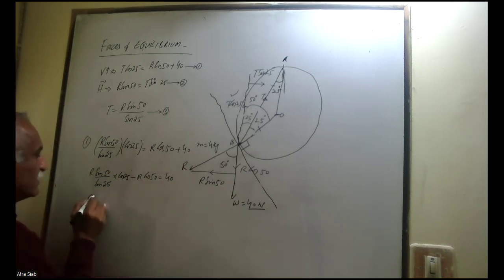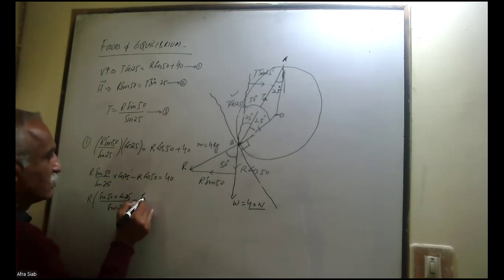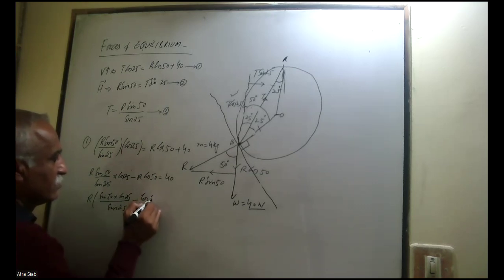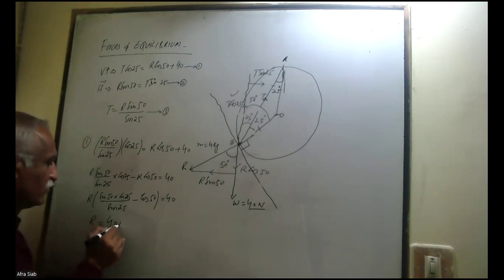We can take R as common: R times sine of 50 cos 25 over sine 25 minus cos of 50 is equal to 40. If we do the calculation of all this, then the R value is equal to 40 Newton.